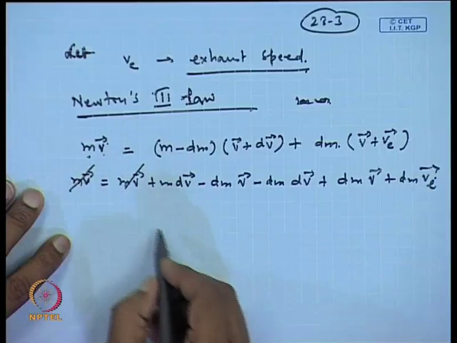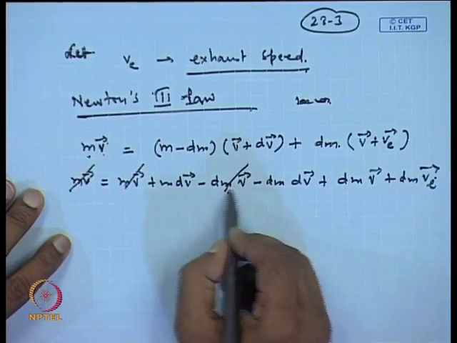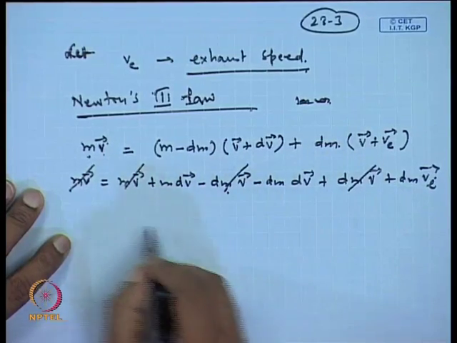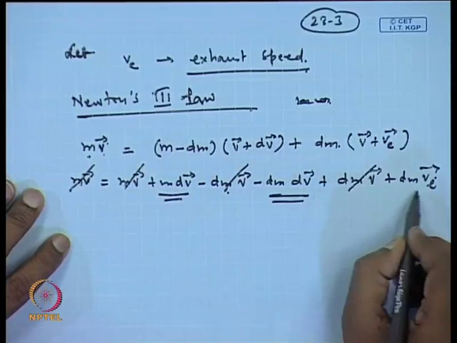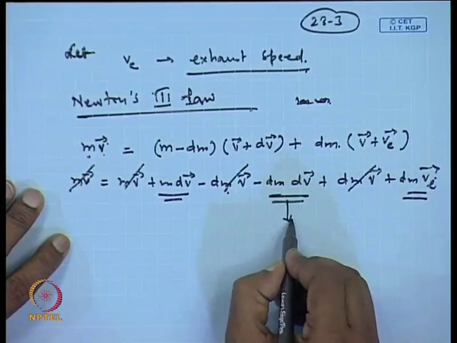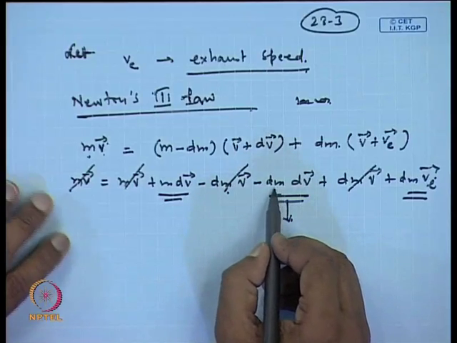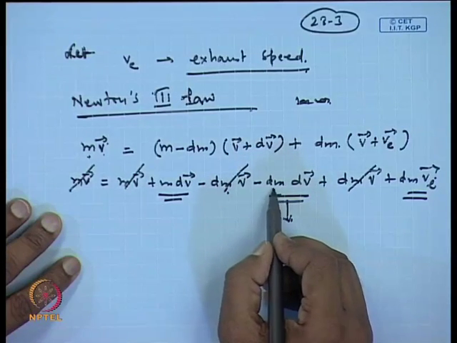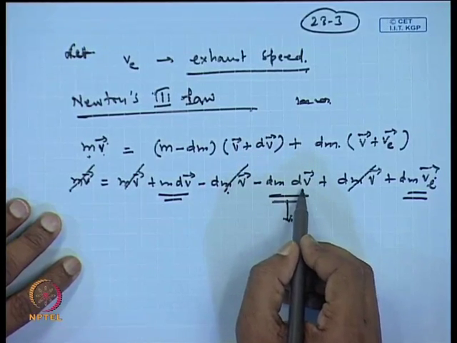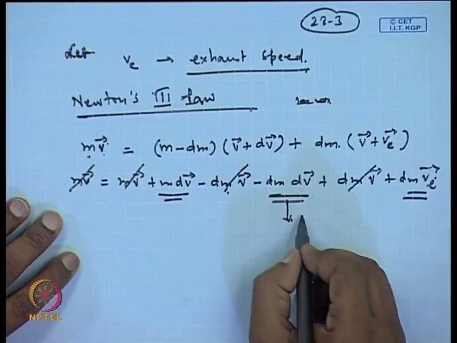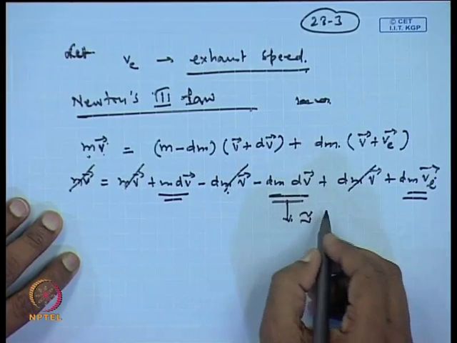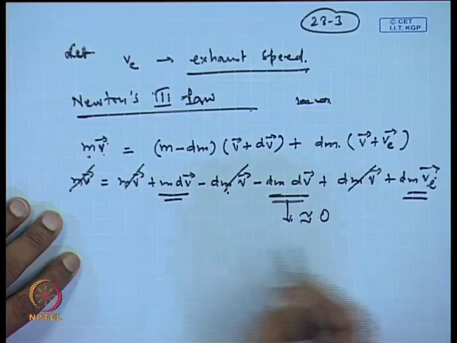These terms will cancel out, leaving you with these three terms. Now, this term is a very small term. dm is itself infinitesimal and dv is also infinitesimal. So, if you multiply them, this is a second order term basically. So, we neglect it and put it as 0.